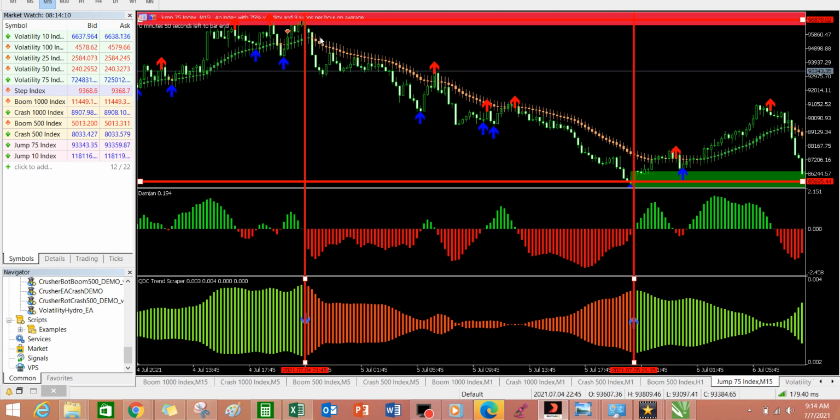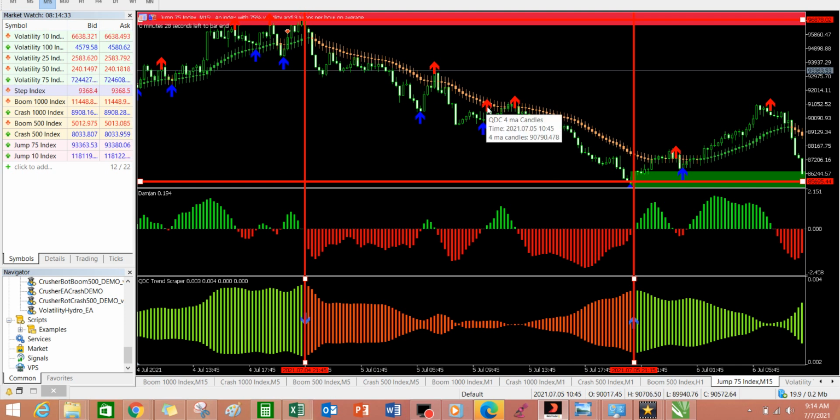So you can always pick up the sell signals. Sell right there and exit once you see your blue arrow popping out, and wait for another opportunity. You can place another order right here and trade till you have another buy signal.